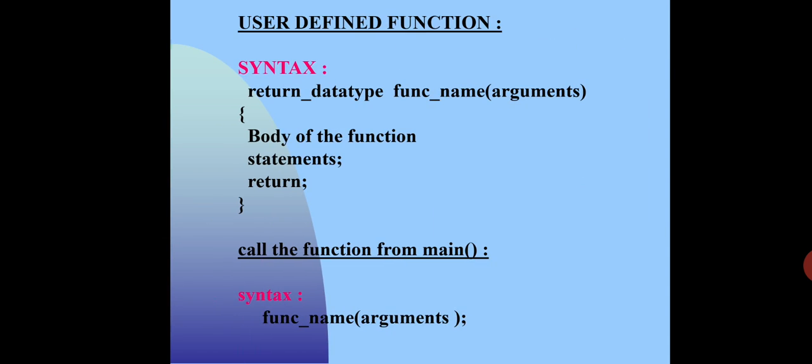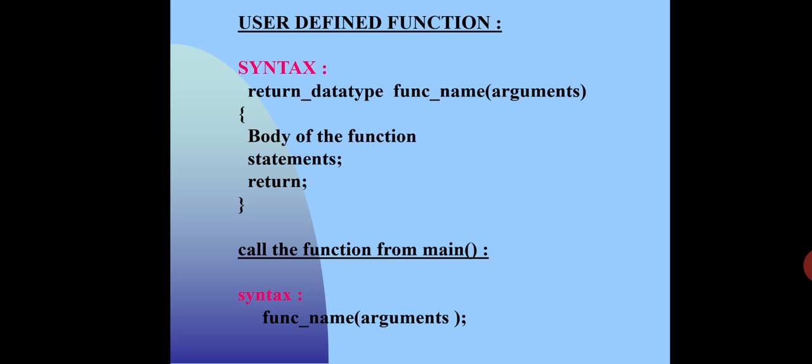Now, we can see the syntax of the user-defined functions. We have already seen that. That is, the syntax will be: there will be a return data type. Already told that it can be integer, char or any other thing. Then there will be a function name.